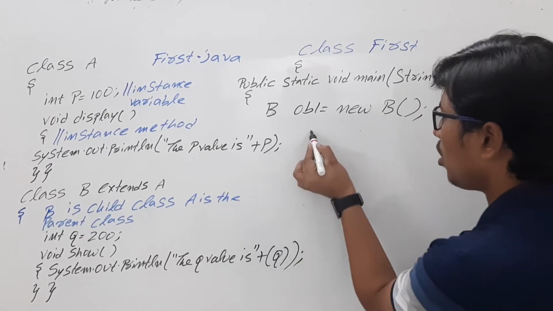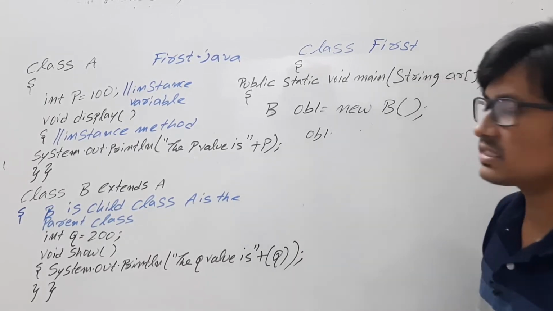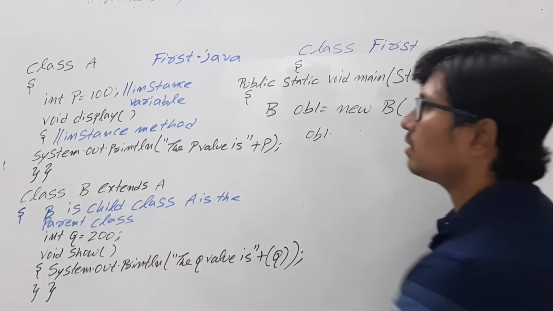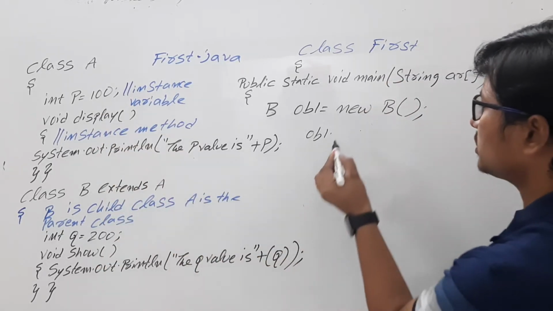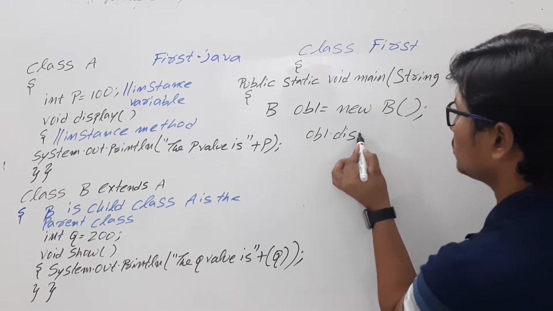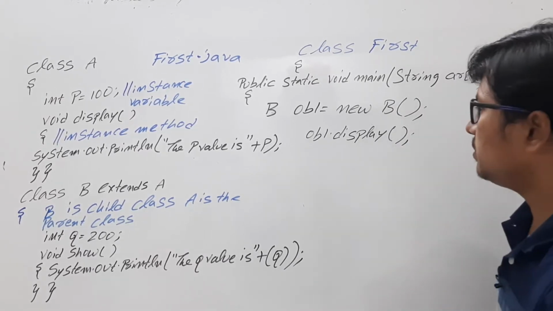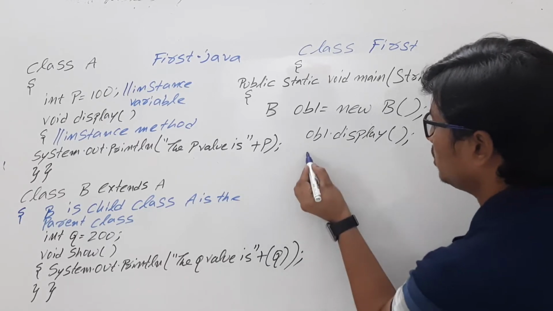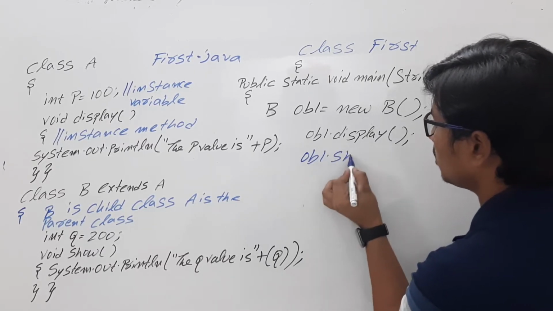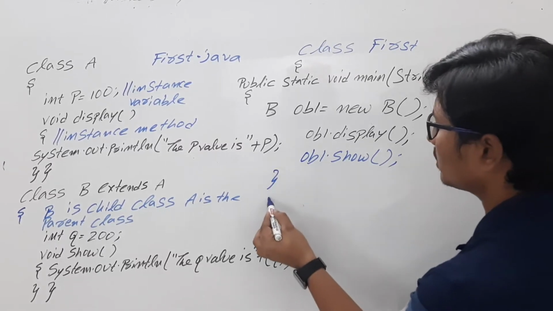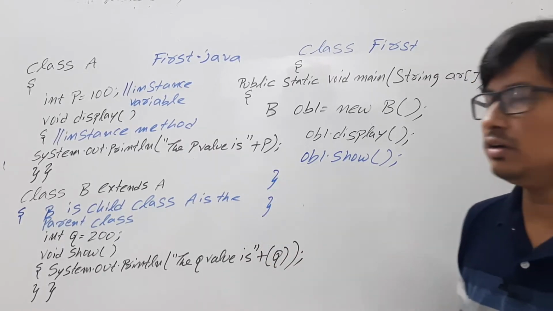Now using the object, we can access the method called show and the method called display. So first I will call the display method. Similarly, I will call the show method using the object called ob1. Let me close the main method and let me close the class called first.